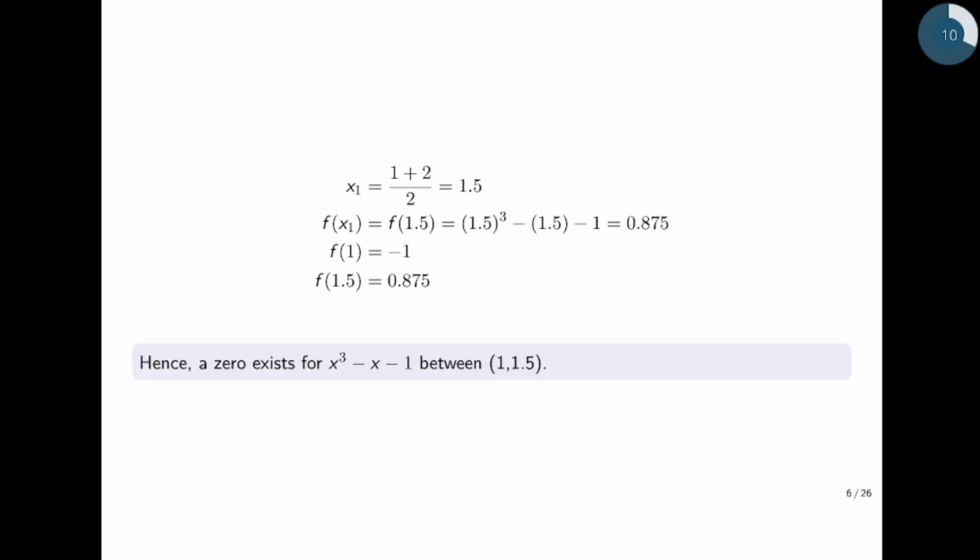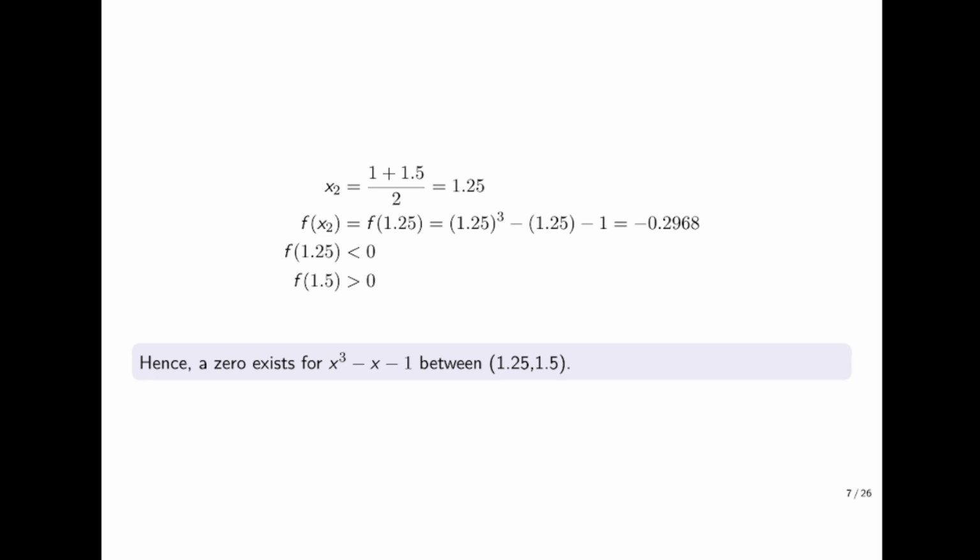Then your 0 is between 1 and 1.5. Now we will take the midpoint of the interval 1 and 1.5, which is 1.25. F of 1.25 is negative. F of 1.5 is positive. So there is a 0 between 1.25 and 1.5.